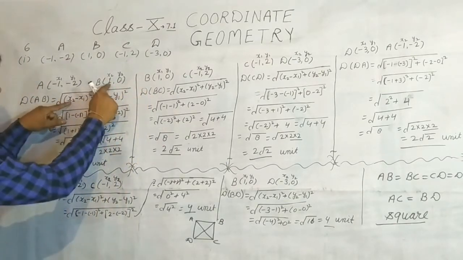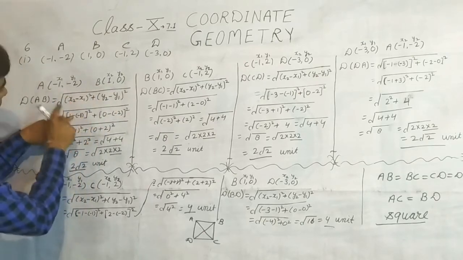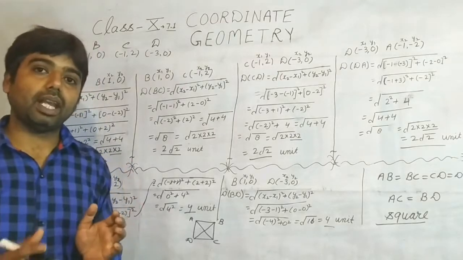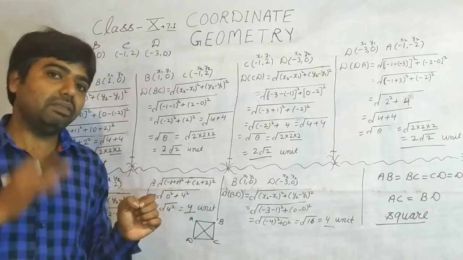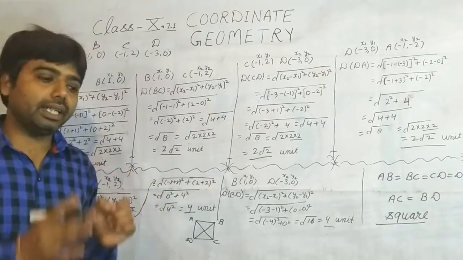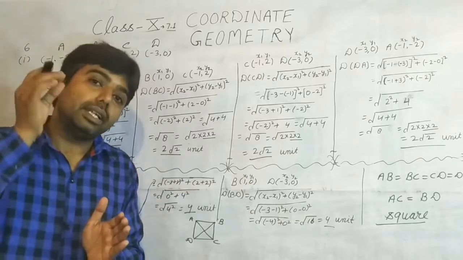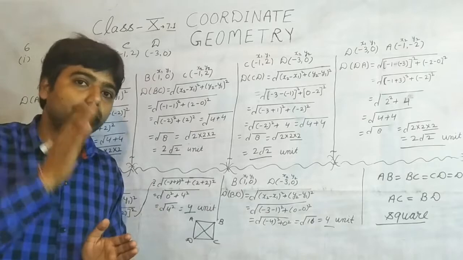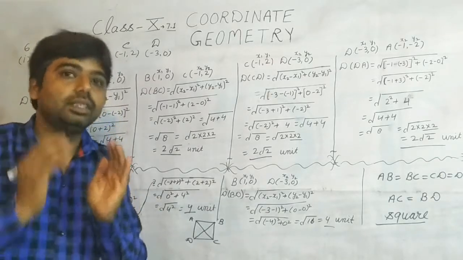Putting the value of x2 and the value of x1. Because the value of x1 is minus 1, and before it we have a minus sign, remember one thing: if you are putting in a negative number and there is a minus in front of it, you should take that number in a small bracket.